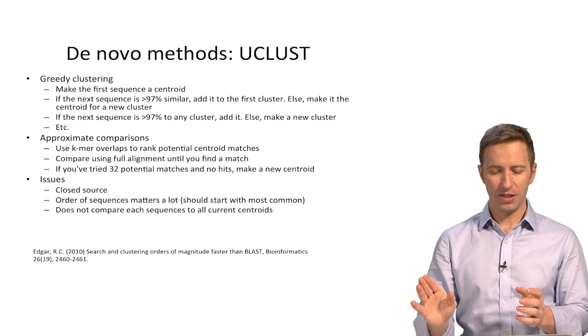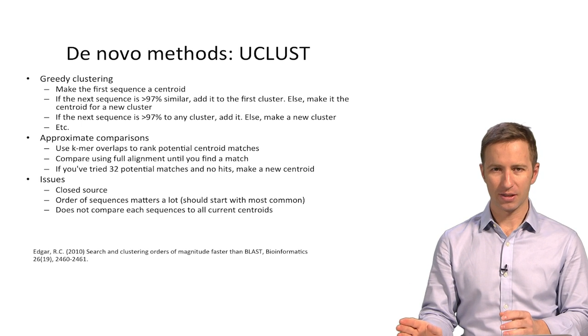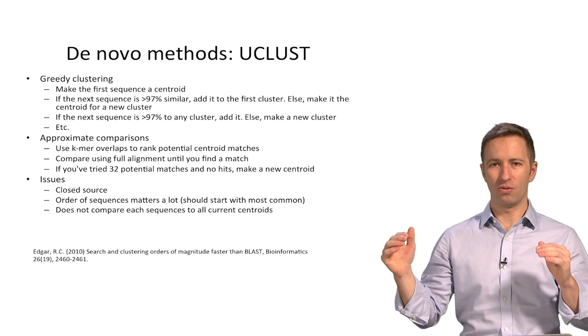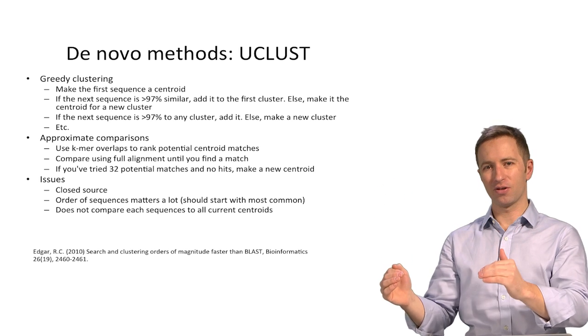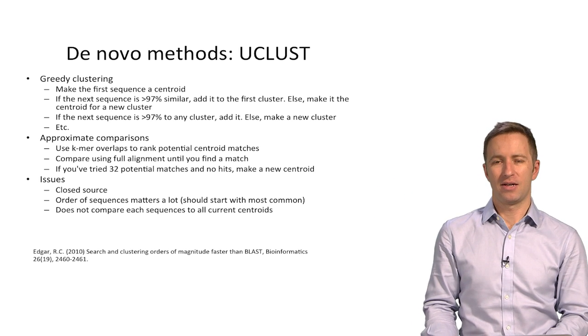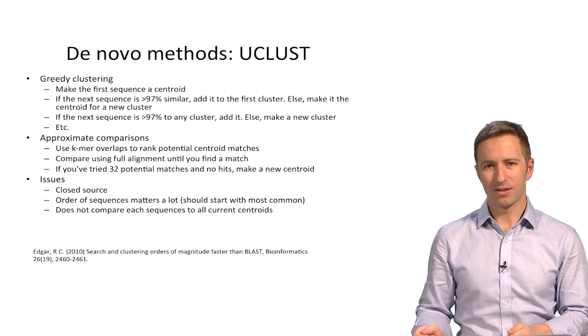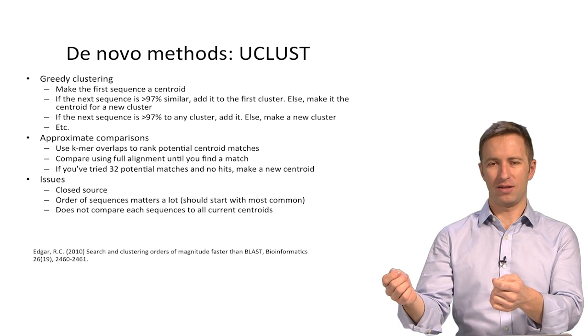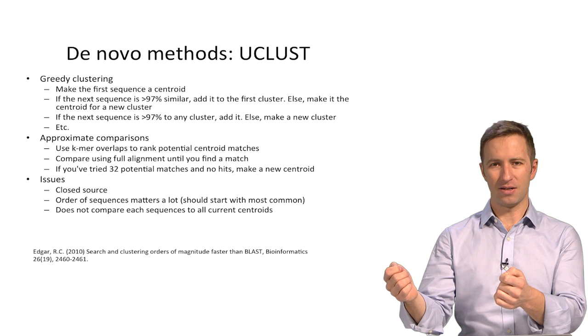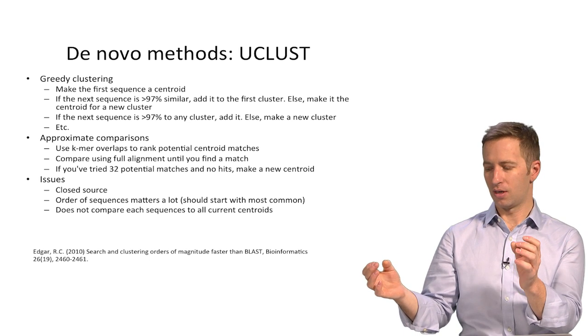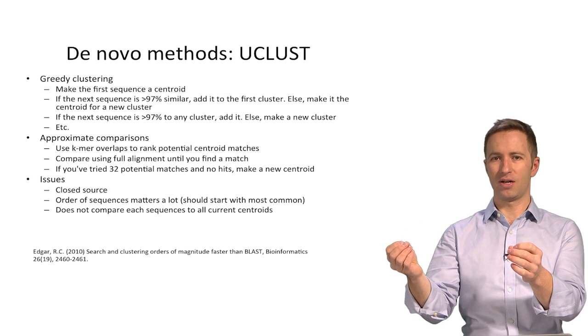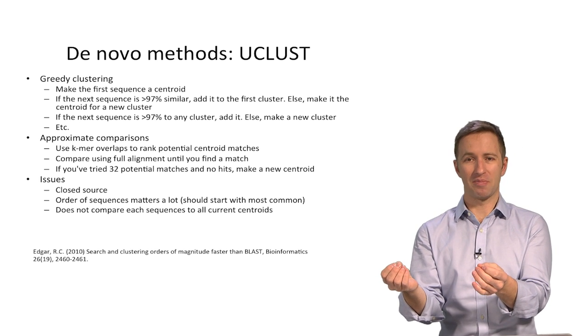So because of the Usearch comparison, this guessing what the best matches might be for a new sequence, you are likely to sometimes miss the best match. So a sequence may not go to the best cluster. And you also may miss a match entirely.